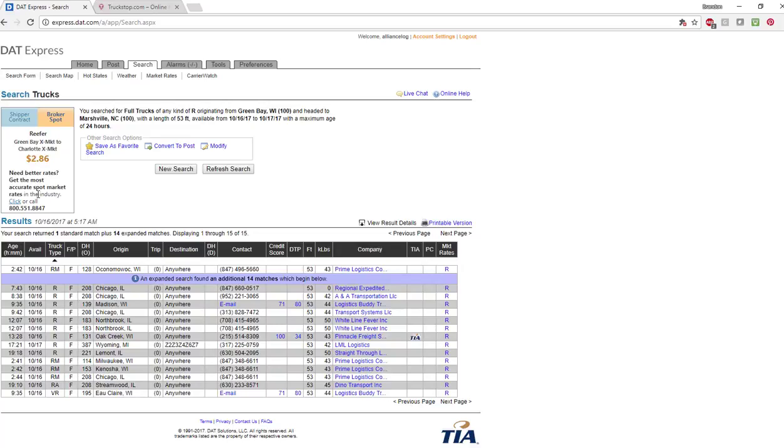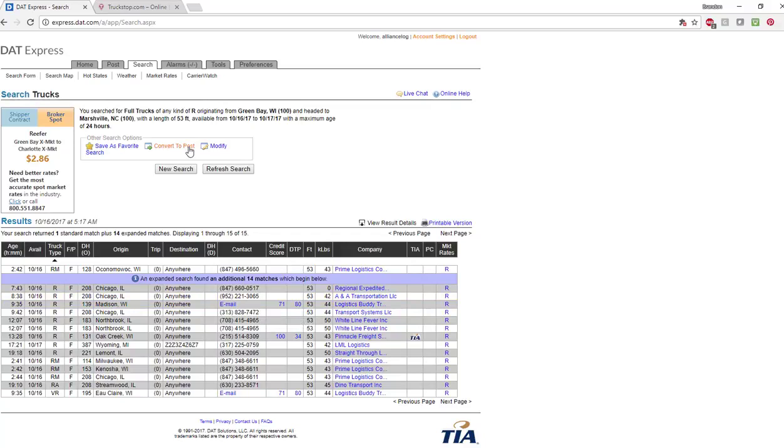Now with that said, I look down here and I say, okay, I don't have many trucks to choose from, so that $2.86 is more than likely out the window, because truckers know that you don't have very many options, so the price is going to go up. So be mindful of that when you're establishing a rate. One of the first things you want to check is what type of capacity you have available, because it's going to affect your rate.